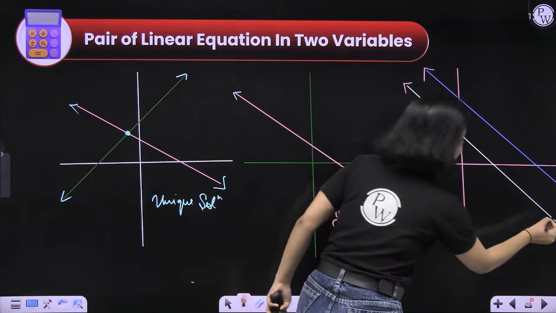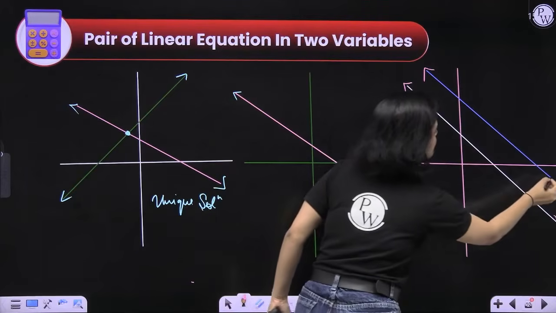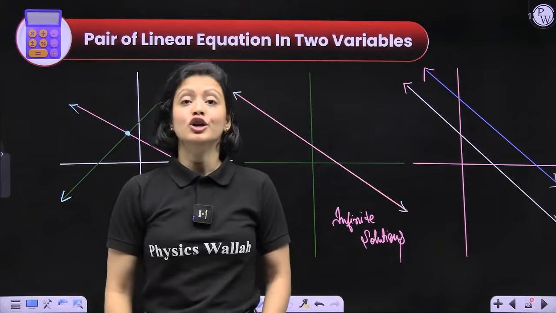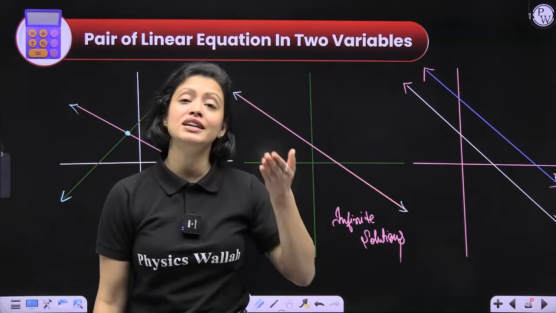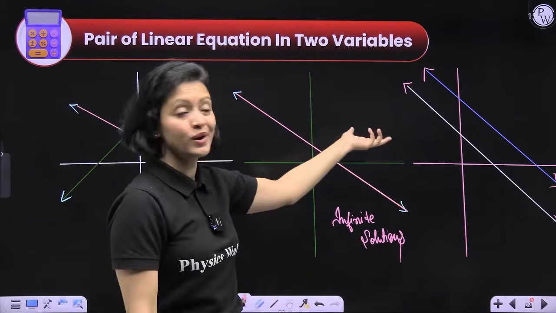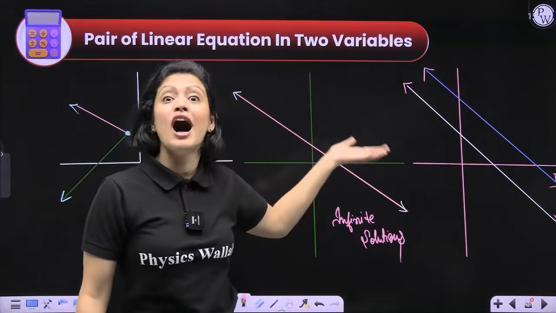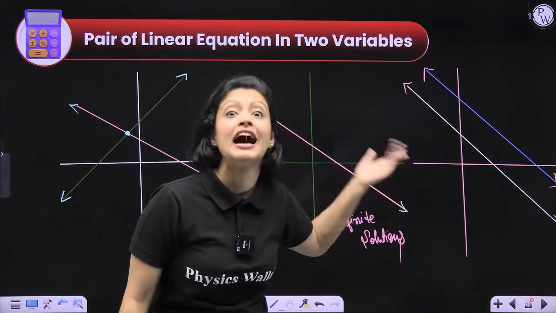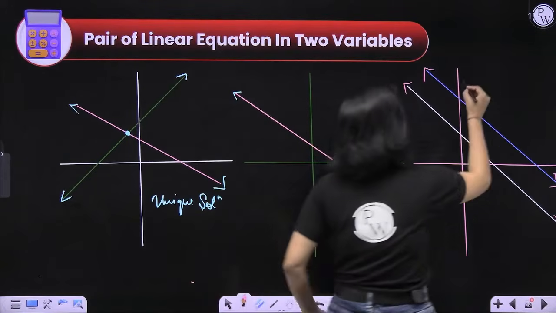That means they are never going to intersect. They will never have a point in common. So we already know that a solution exists where a point is lying on both the lines. Here, no point will lie on both the lines. So how many solutions will this pair of linear equations have? No solution, right? No solution.